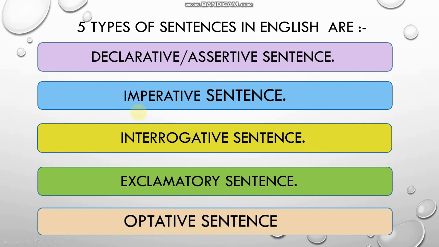The 4 types on the top, that is declarative sentence, imperative sentence, interrogative sentence and exclamatory sentence, are all learned from your lower grades and are used most commonly in our day-to-day life. Whereas optative sentence is a new type of sentence and it is not commonly seen in English grammar.